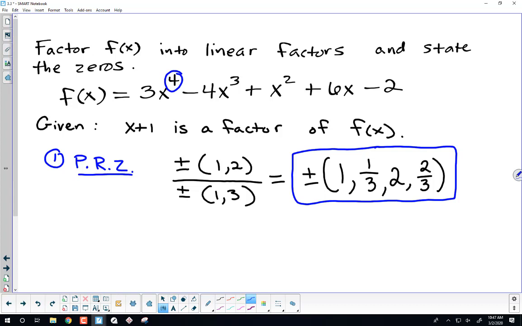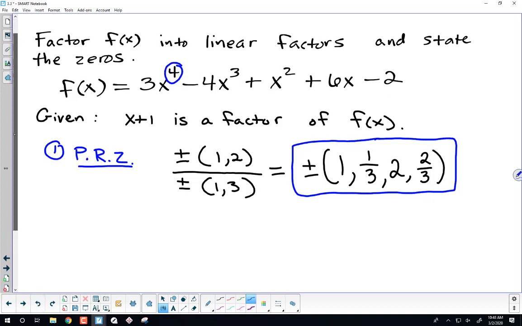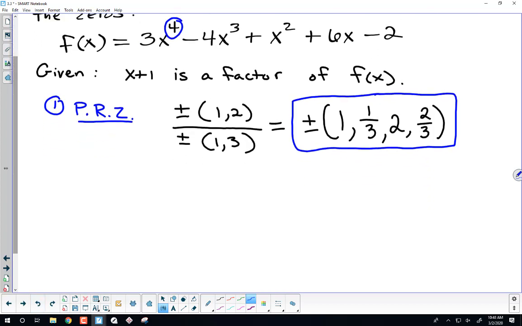Okay, so these are all of the possibilities for rational zeros of f of x, but we're given that x plus 1 is a factor. So automatically we know 2 things. If I plug in x equals -1 into that function, I get a 0, but that doesn't tell me anything I don't already know. The other thing is that when f of x, 3x to the fourth, etc., is divided by x plus 1, the remainder is 0.